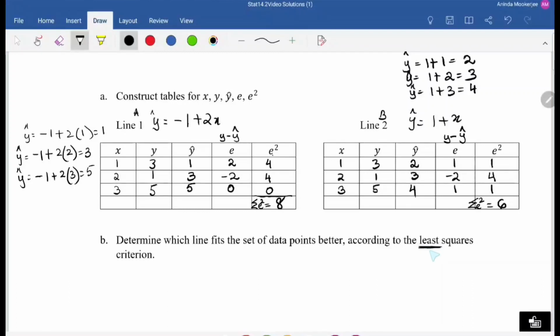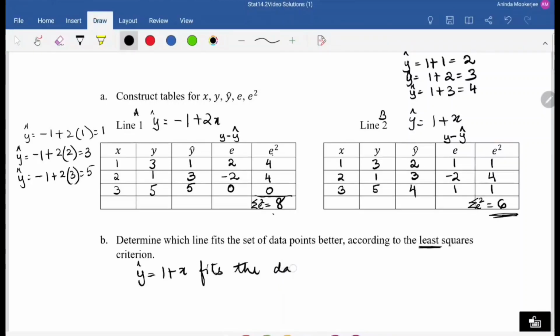Now, least means you will pick the line which has the smallest sum of e squared. All right, so of 8 and 6, 6 is the smaller value, so we are going to choose line B. So we are going to say y hat equals 1 plus x fits the data better because it has the smaller sum of squared error.